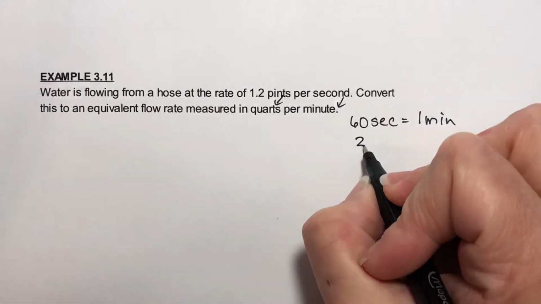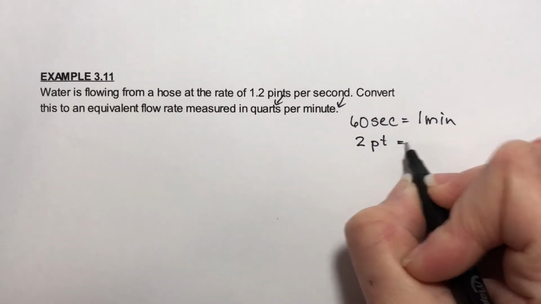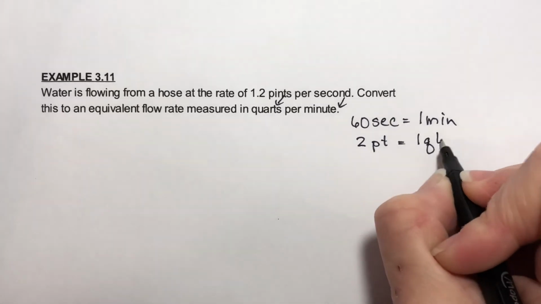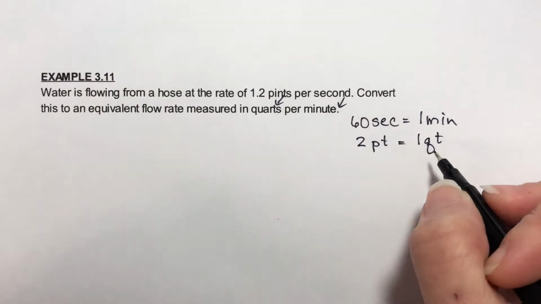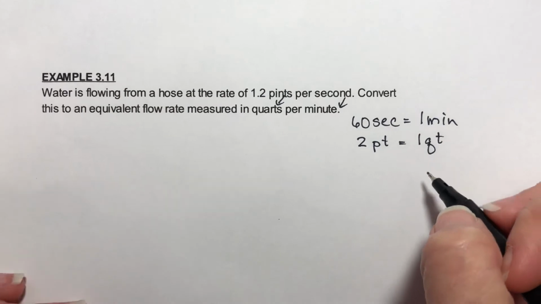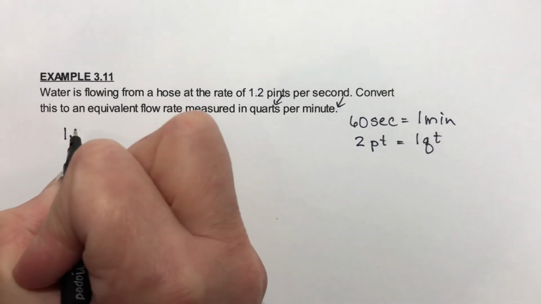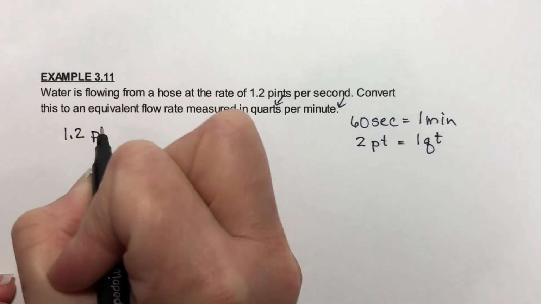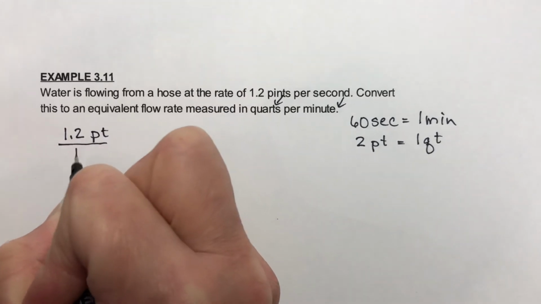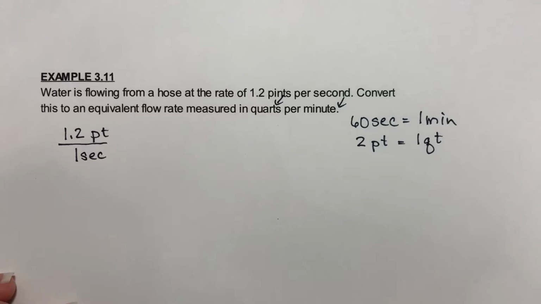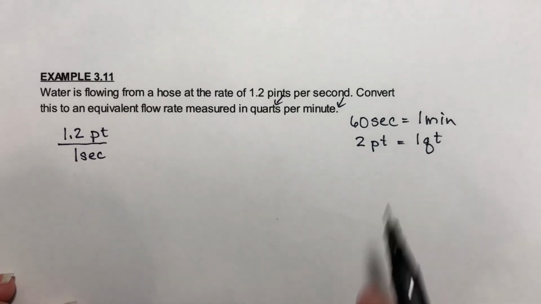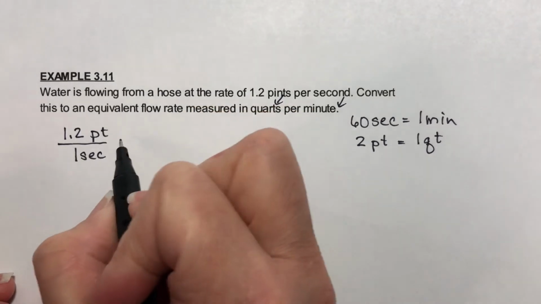So 2 pints is equal to 1 quart. That is a lowercase cursive q. It's not some funky 8, okay? So I have 1.2 pints for 1 second. And I need to do that double conversion, okay? Let's get rid of seconds first.